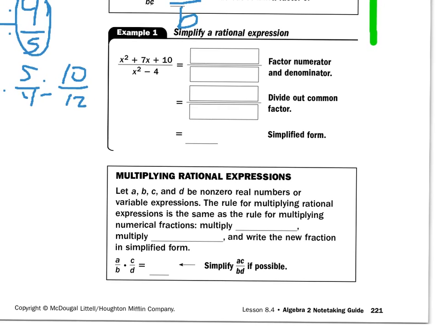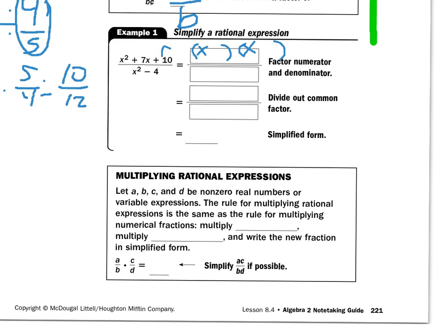Now example 1 is going to require us to harken back to the days of factoring. So I hope you have your thinking caps on and you're thinking about the snip method or some other method that you use to factor. I hope you remember that there's an X and an X in the beginning.